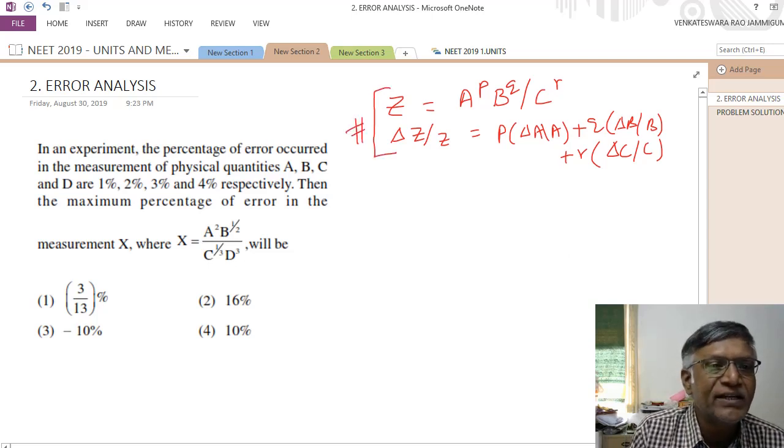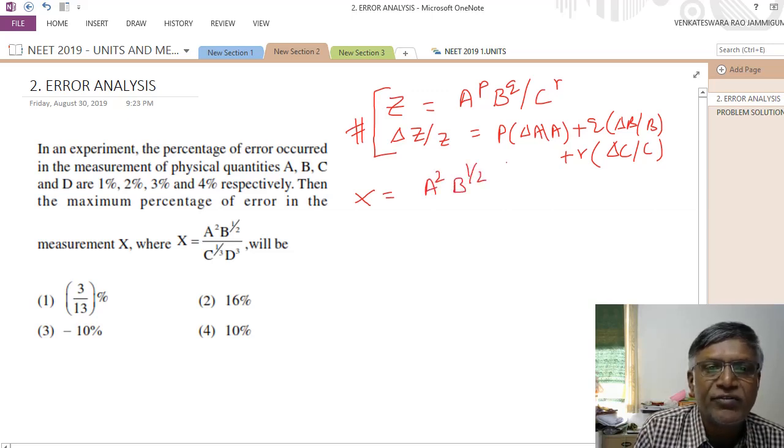So in an experiment, the percentage of error occurred in the measurement of physical quantities A, B, C and D are 1%, 2%, 3% and 4% respectively. Then the maximum percentage of error in the measurement x, where x is equal to a square b to the power of half divided by c to the power of 1 by 3 d to the power of 3.